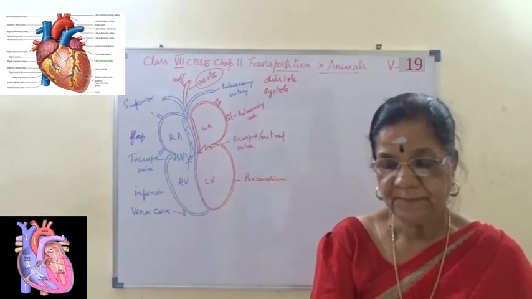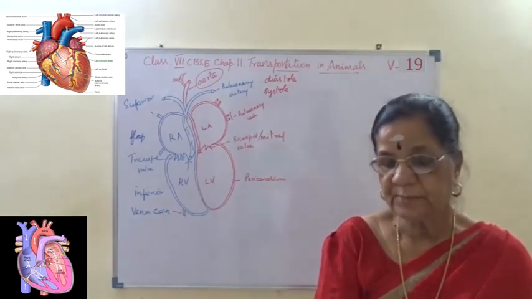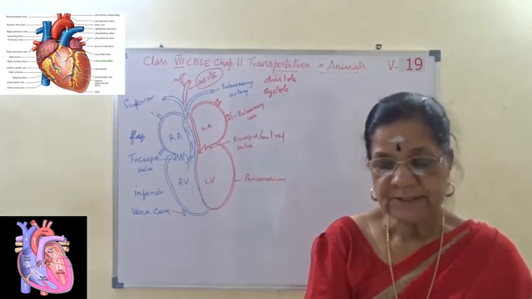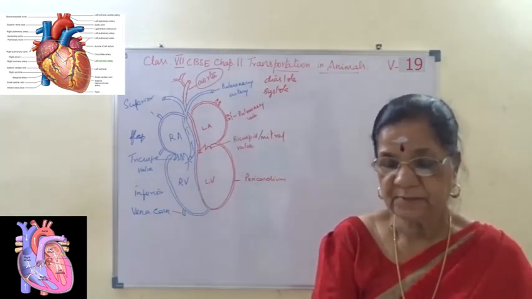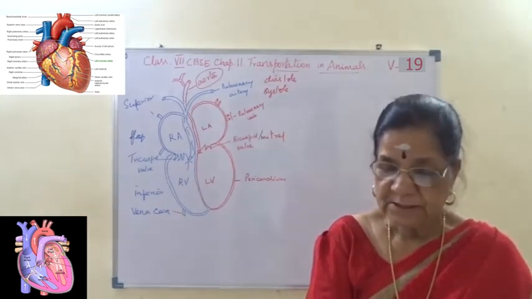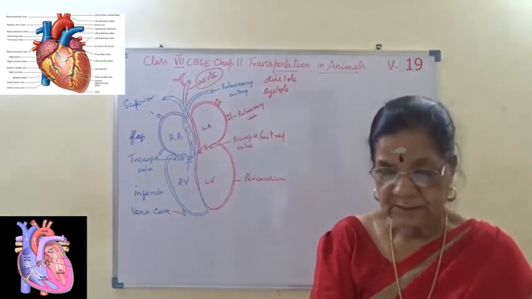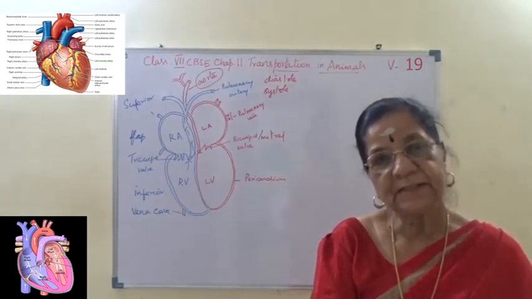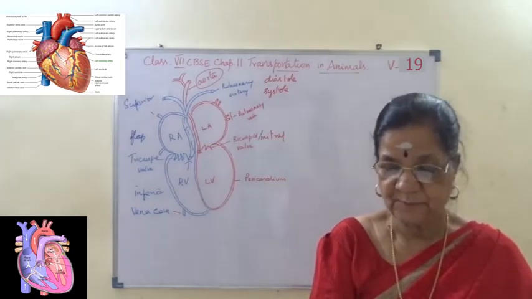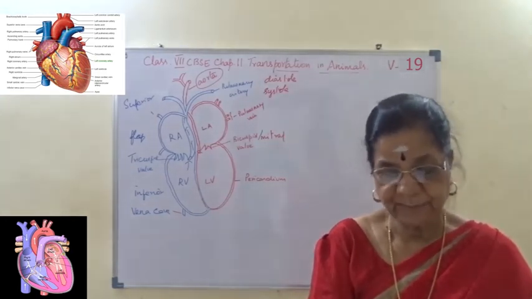Arteries carry oxygen-rich blood from the heart to all parts of the body. Since the blood flow is rapid and at high pressure, the arteries have thick walls. I hope you are able to follow this.